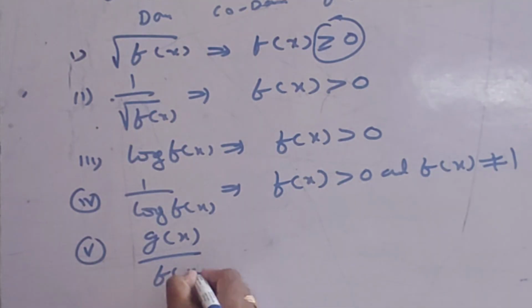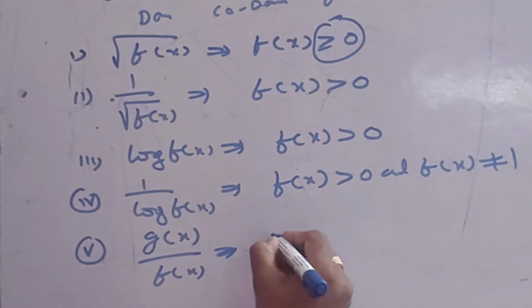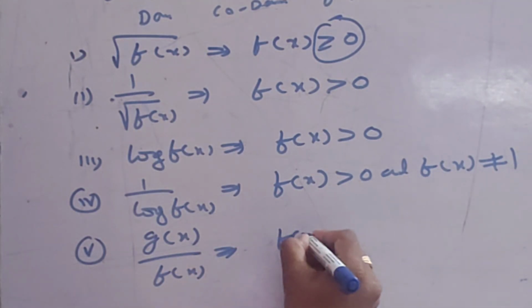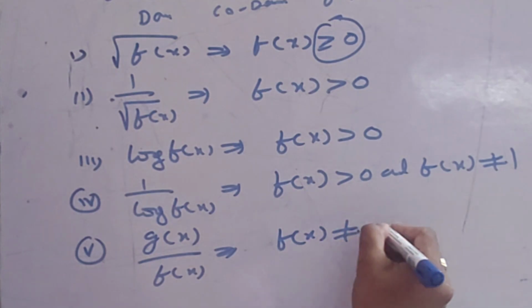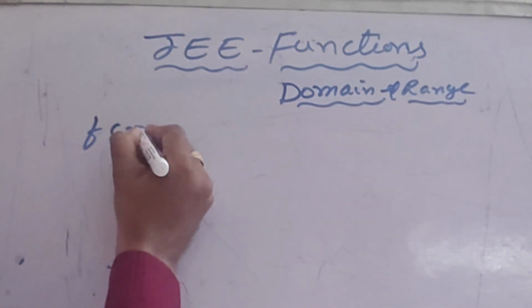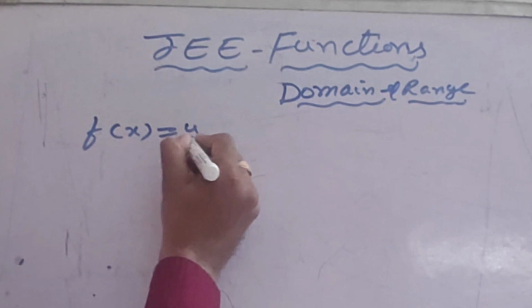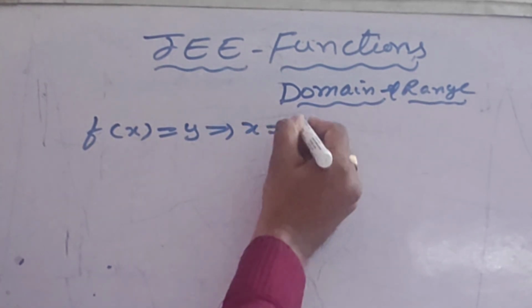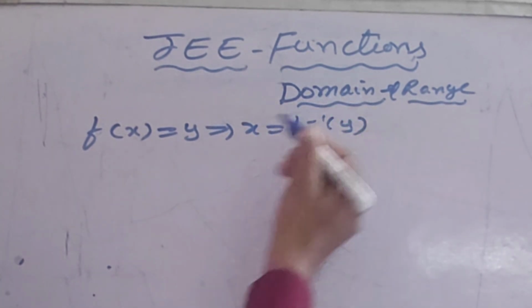For a fraction, the denominator f of x is not equal to 0. For an inverse function, if f of x is equal to y, then x is equal to f inverse of y.